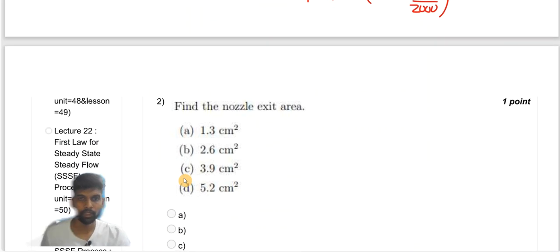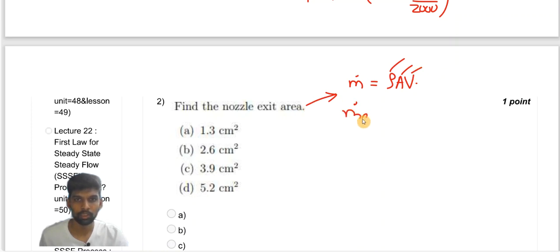Then second part is find the nozzle exit area. Okay. So for exit area, what we know is that mass flow rate can be written as rho A V. Okay. The rho is a density, A is the area, and V is a velocity. Okay. They are asking about exit. So m dot E is equal to rho E, AE, VE.